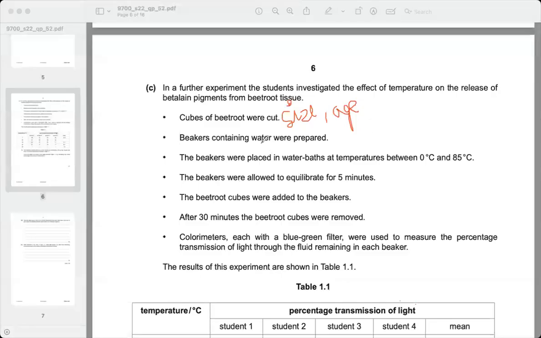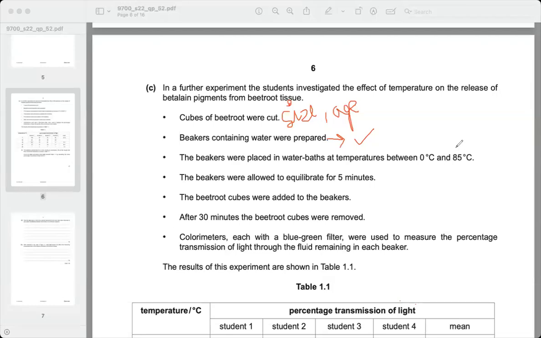The second point says beakers containing water were prepared. The beakers were placed in water bath. Now, here the water is prepared, that is okay. Now, the beakers were put in water bath at the temperature between 0 to 85 degrees Celsius.